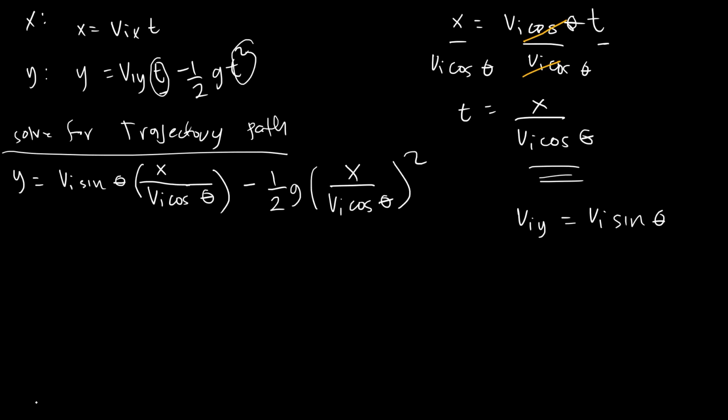So this is equal to this term here, which will be cancelled out with this one, and we are left with sine theta divided by cosine theta.